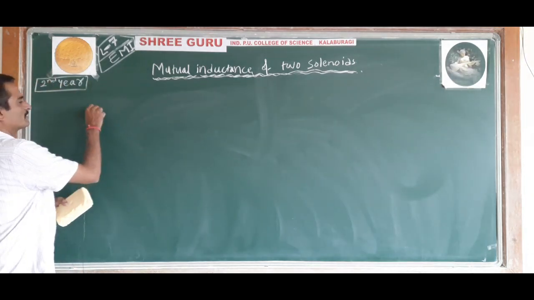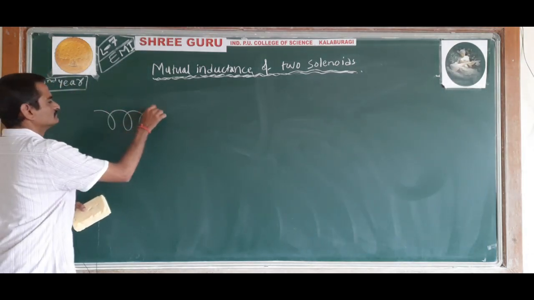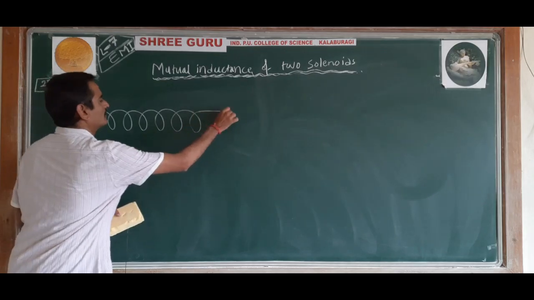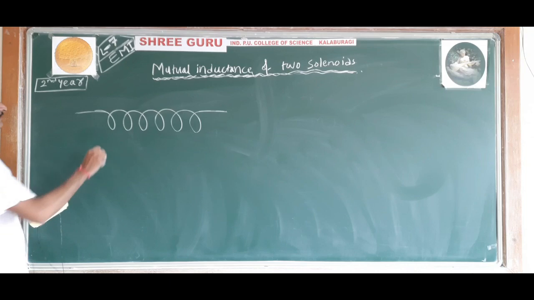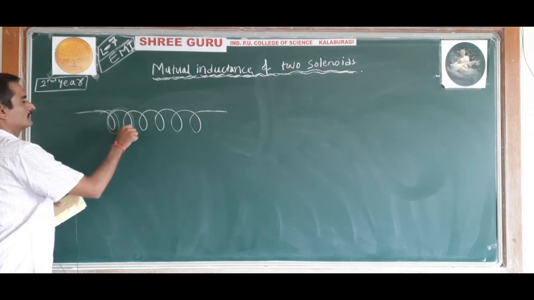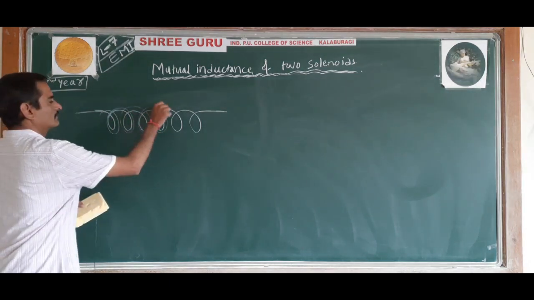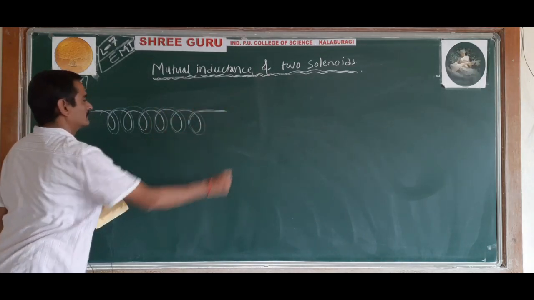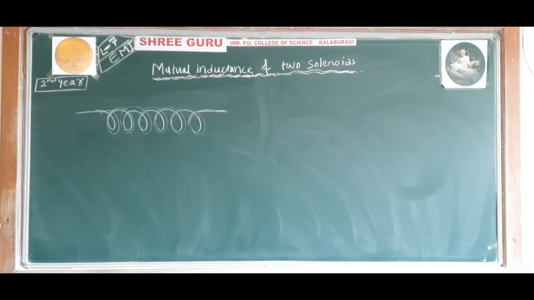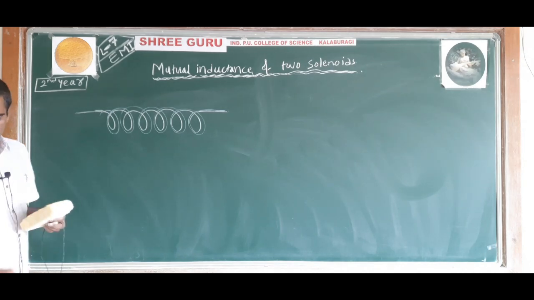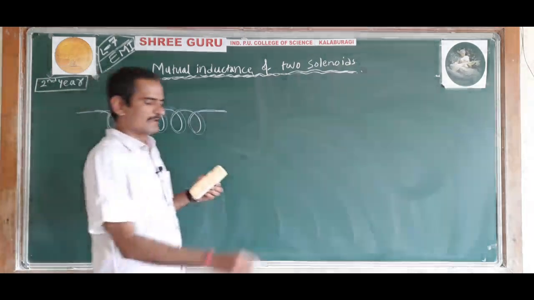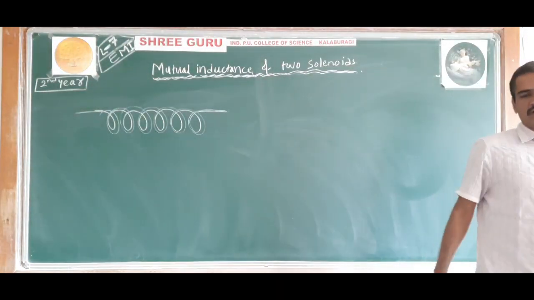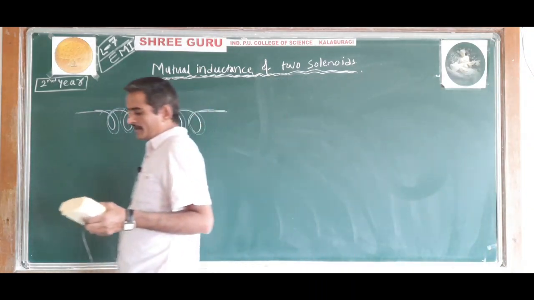So that is a diagram you can draw like this. This is one solenoid and another solenoid is drawn over here. This is another solenoid. Understood?